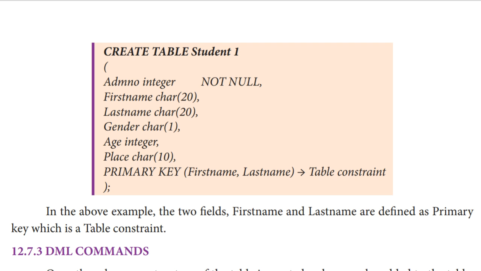So here they are taking a new table as student 1. Here everything they mentioned, the column name, then its data type, and the constraint also mentioned at last. Primary key constraint they given here. So this is the table constraint. For 2 columns they given primary key, first name and last name. So if I want to find a record, with the help of the first name and last name I can identify the record. So this only we are saying as a table constraint.